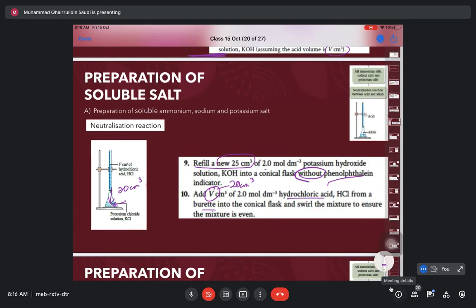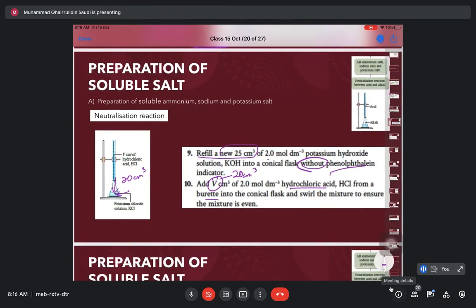Okay? So dah neutralize lah. Boleh faham? Boleh. Okay. So now, apa yang ada dekat dalam kita punya conical flask? Bila kita dah addkan our potassium hydroxide dengan hydrochloric acid, apa yang ada dekat dalam kita punya conical flask right now?